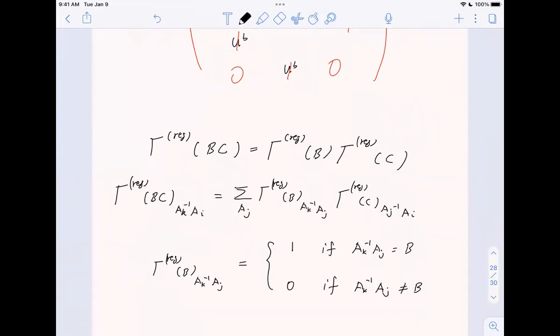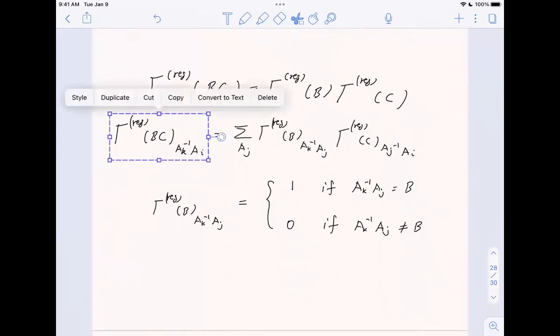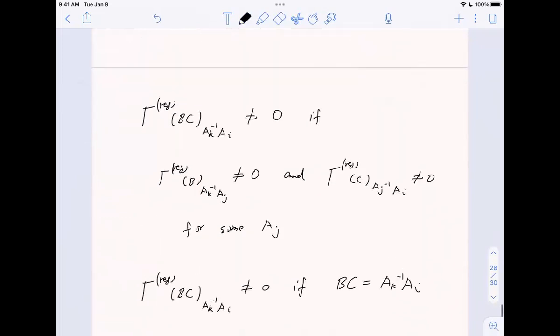But how can this be non-zero? It's not 0 if BC equals AK. You look at here.